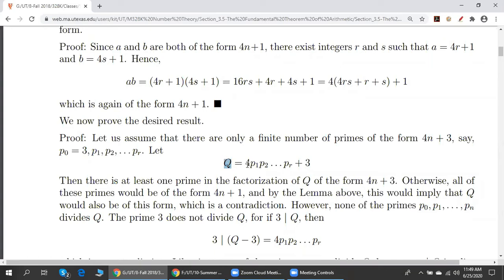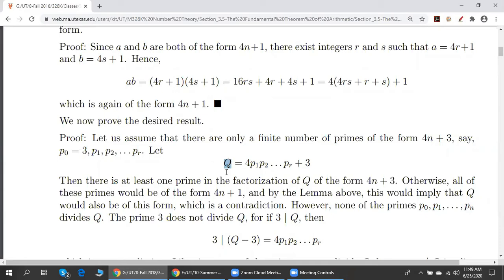But Q is odd because it is equal to an even number plus an odd number, and an even number plus an odd number is an odd number. So Q is odd.